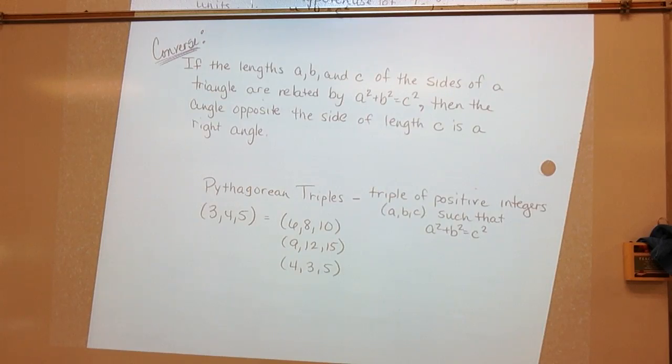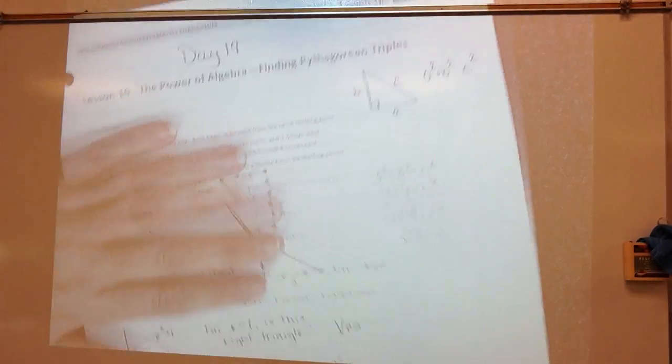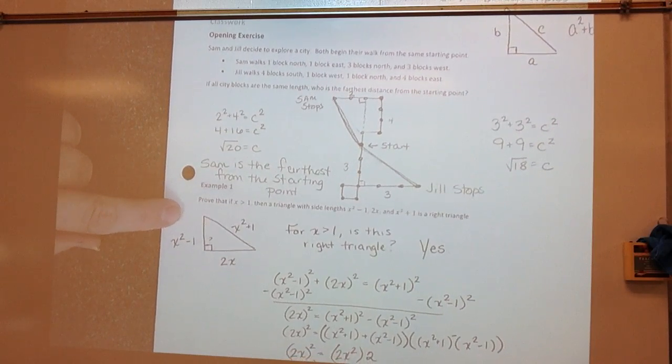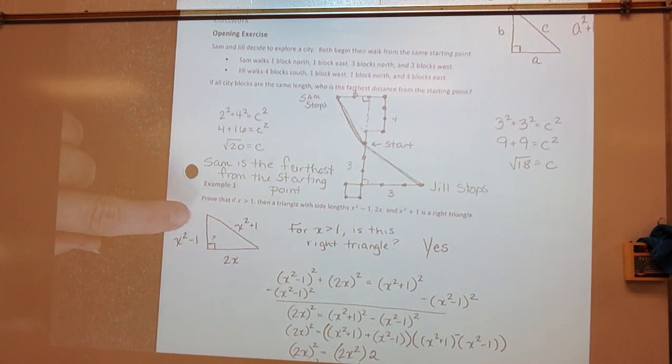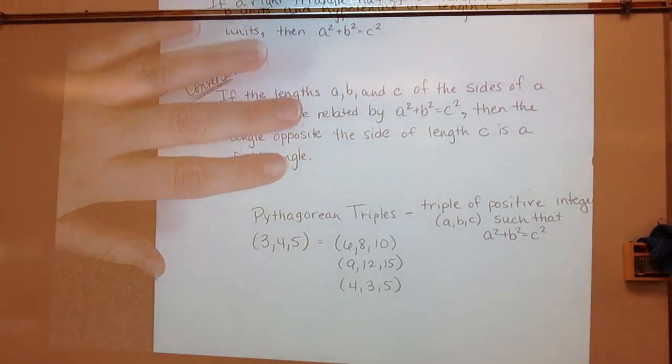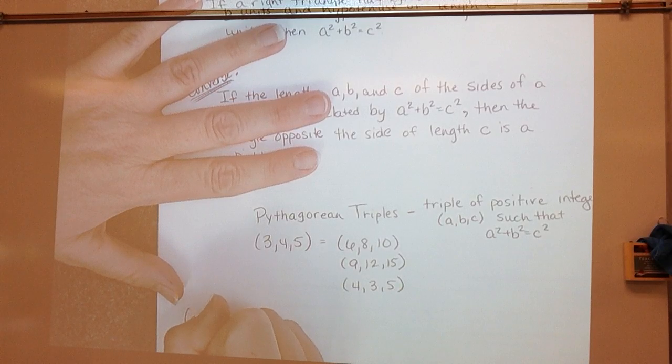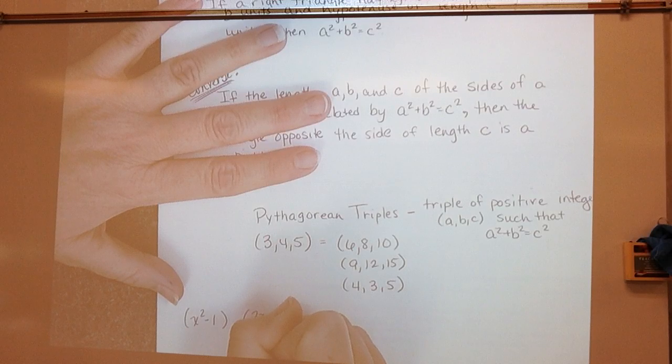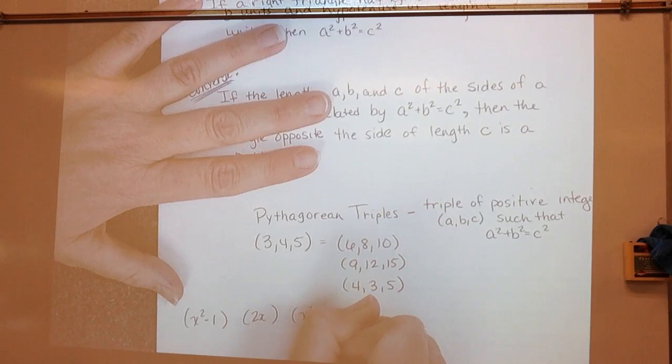So one way to generate a Pythagorean triple is to use this expression. If you wanted to generate a Pythagorean triple, we'll use x squared minus 1, we'll use 2x, and we'll use x squared plus 1.